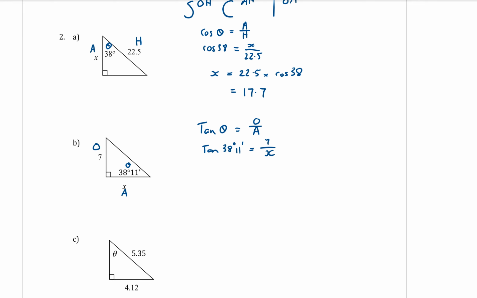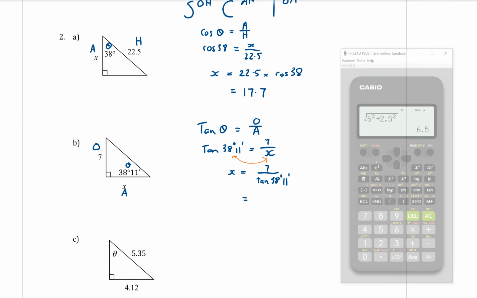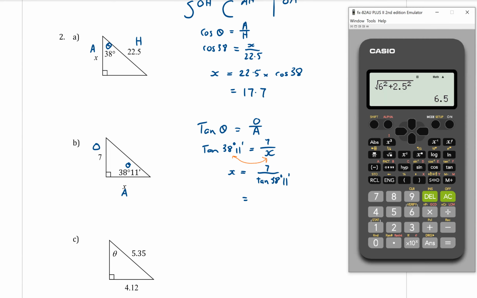Now what you're really doing is you're timesing the x up to the other side, and then you're dividing the tan back the other way, but we just do that as a shortcut. So x equals 7 over tan 38 degrees 11 minutes. You're all okay using your degrees and minutes button? No? I'm going to type that in. So we go fraction 7 over 10.